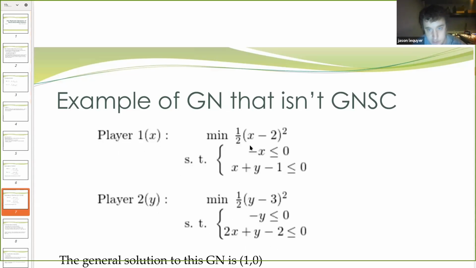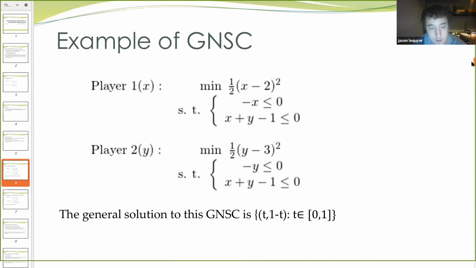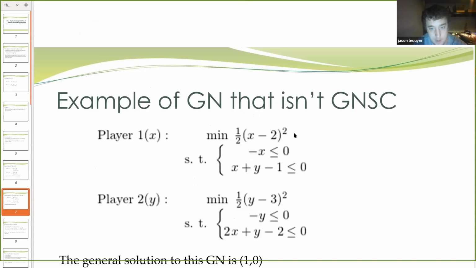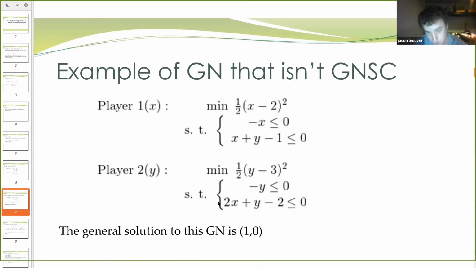So here's an example of a GN that isn't a GNSC. The general solution to this one is just this line segment. And then in this case we have a GNSC where the constraints aren't identical, and that's essentially all there is to it. And then the general solution to this is just the point (1, 0).